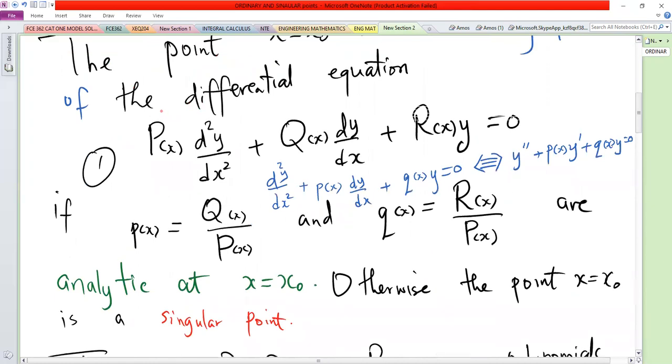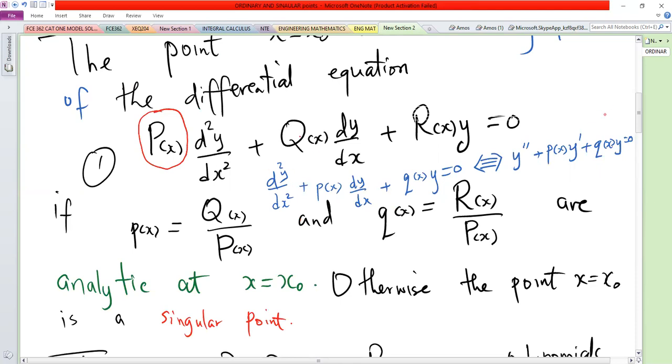We only equate this to 0 to find singular points of a differential equation if P of x, Q of x, and R of x are all polynomials. But if they are not polynomials, then you have to define the small p of x and small q of x, and test whether these quotients are analytic or non-analytic at the specified point to be able to give the conclusion.